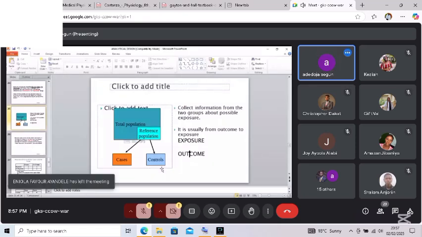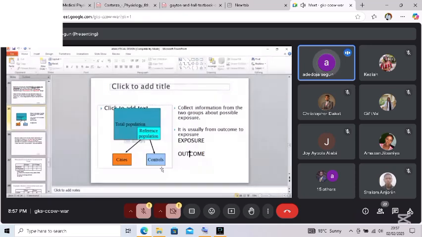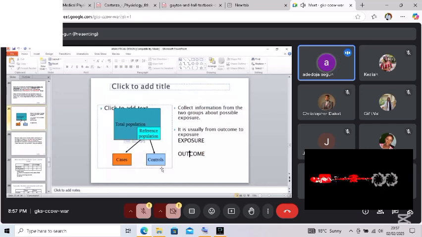From there, we get our cases, knowing that the disease of interest can be found there before we even start the study. So we get our cases from that reference population. Then from that same reference population, we get our controls. Then we compare them. We ask questions about prior exposure, which will help us get the outcome of interest that we are looking for.